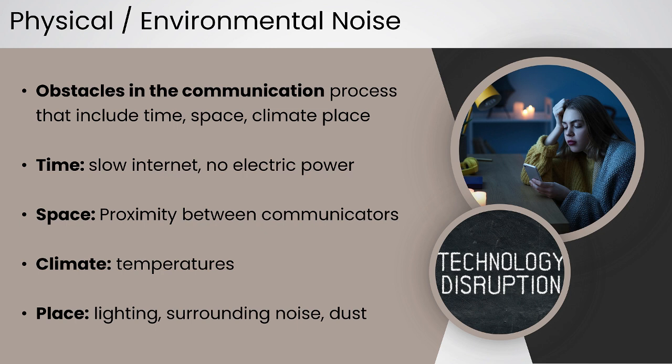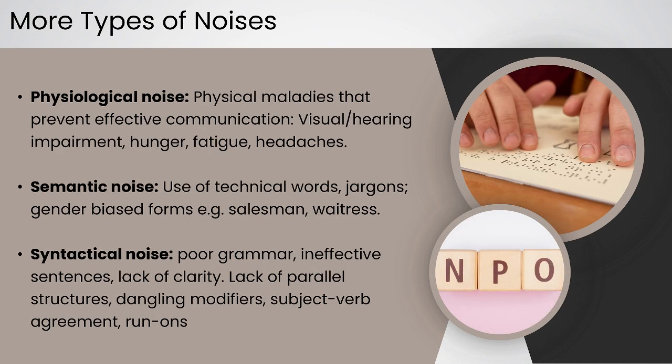For example, there's some sound from a radio or music in a particular place. Maybe they are doing some promotion, but at the same time, you want to have a meeting. Or also dust. In some places, as we go to the rural areas, you find that dust can also create noise.